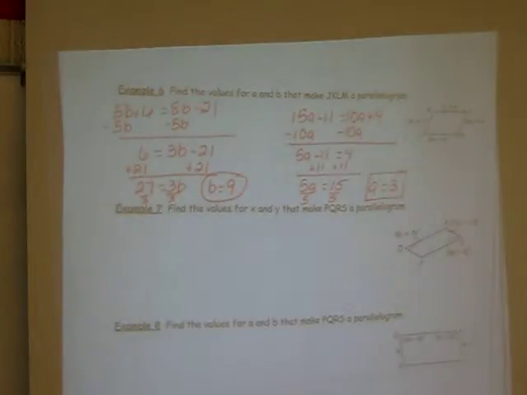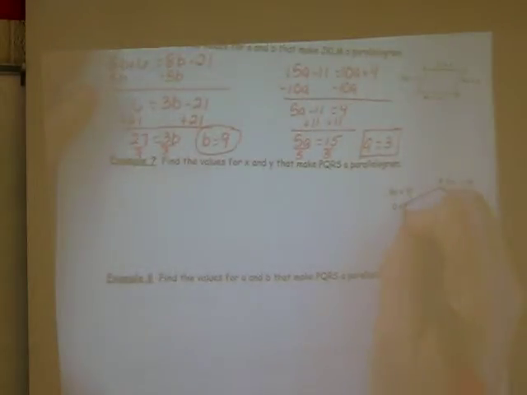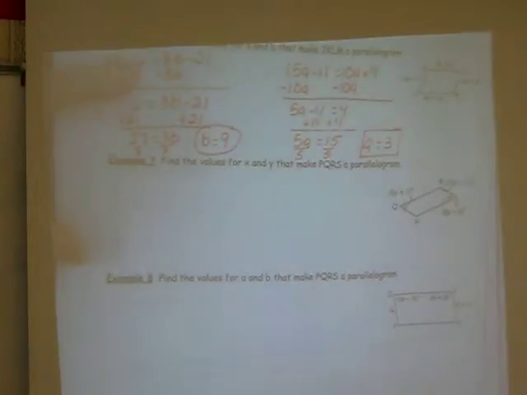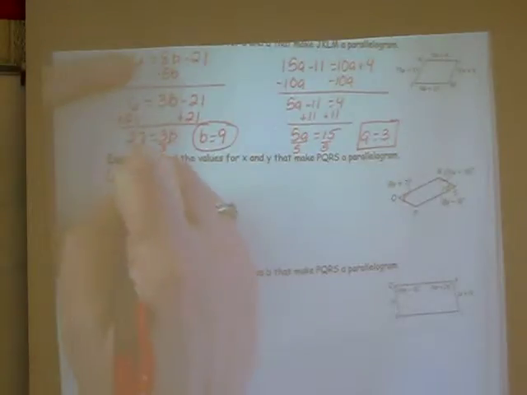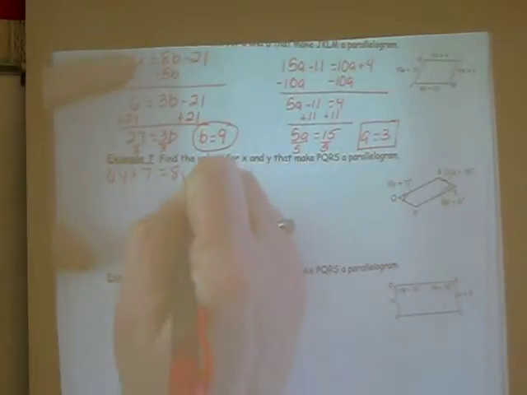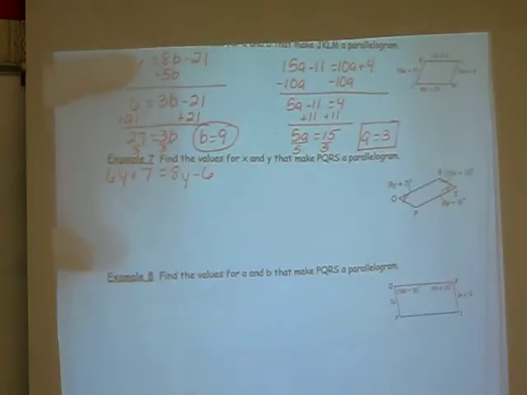In example 7, we're trying to find the values for X and Y. The first thing we're going to do is compare these two angles. Those are opposite angles. Opposite angles are congruent. So we do 6y plus 7 equals 8y minus 6.